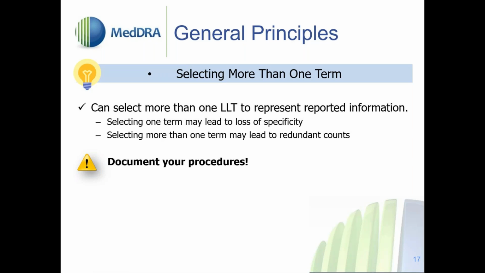Some users with us today may be working in databases that allow the selection of more than one LLT per verbatim or per report. Other users on the call today may work in databases where it's a one-to-one correlation. So consult internally if you're not sure about your organization's approach, and document your decision.